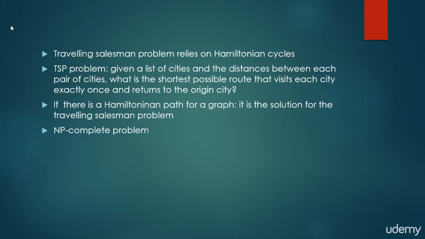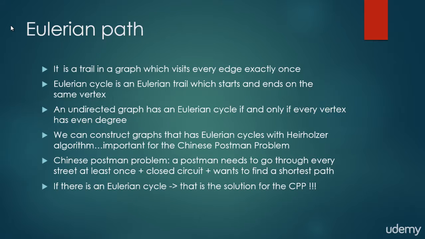And why is it good? Because we are not going to get an exact solution, the best solution, but we are going to be able to solve this problem in polynomial time and get an approximate solution, which is very, very good. So that's about the Hamiltonian path and cycles.